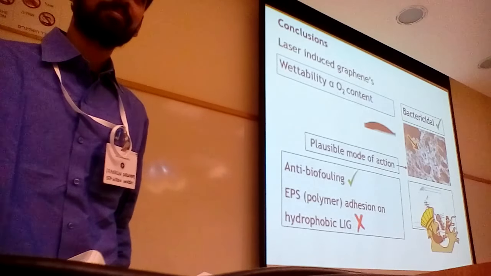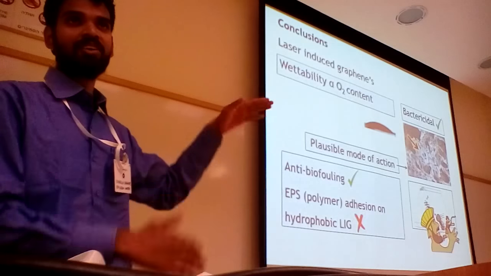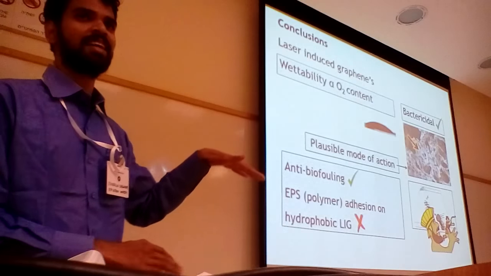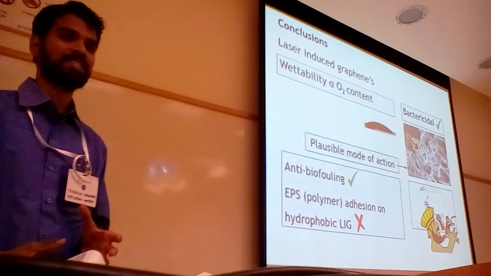Both the gram-positive and gram-negative bacteria are fairly negatively charged. So it doesn't matter whether the graphene is hydrophobic or hydrophilic. EPS is an organic component. And we saw a large amount of EPS secreted, and a bacterium is not capable of secreting that much EPS.